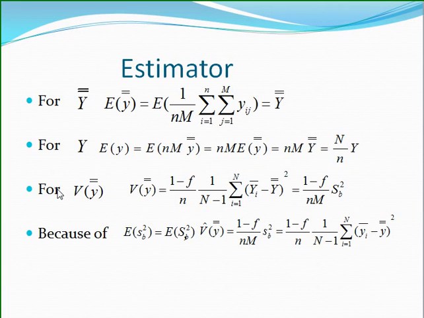The variance of the sample mean can be estimated using the variance between the clusters, considering the cluster as a unit as we said before, and as in SRS, we can get this kind of equation.